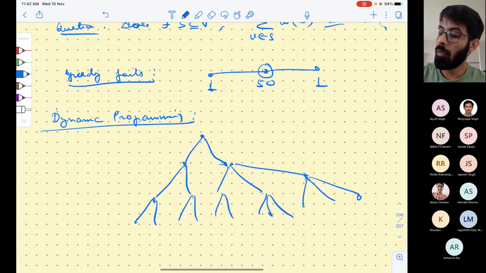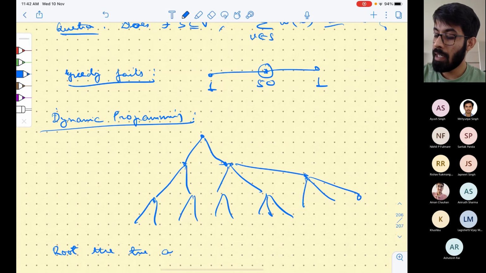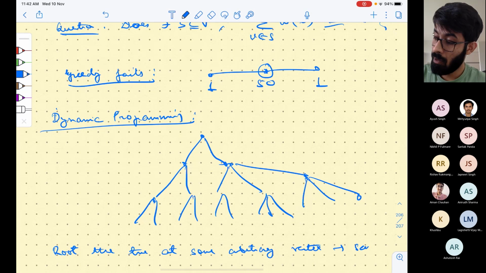Good. So first we root the tree at some arbitrary vertex. Call it R. So this is the root.